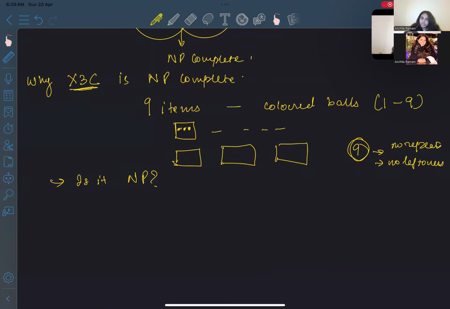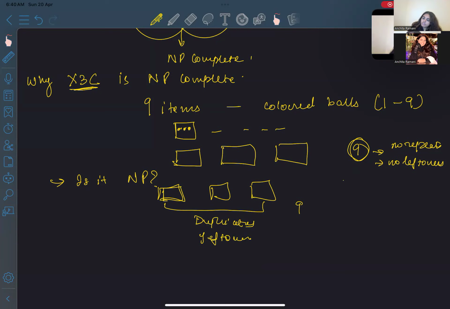This is very quick; we can check that in seconds. So we can say that X3C is in NP, because if we are given the boxes, we can easily check whether there are exactly three sets that cover all nine elements, and whether there are any duplicates or leftovers. This will not take much time. So this problem is definitely an NP problem.